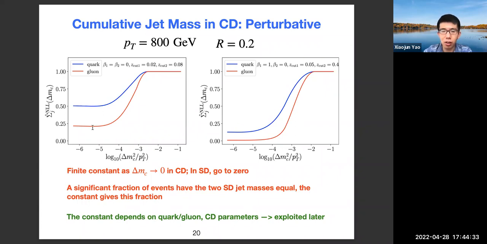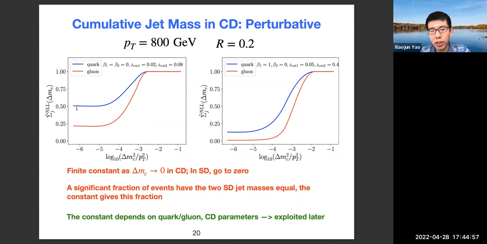Right? It does not go to zero in the end, it becomes flat here. And similarly in this case, but the value of this constant depends on the collinear drop parameters. If you choose a different set of parameters, the constant value can be very small, or it can be some finite value here. And this constant feature is very interesting.